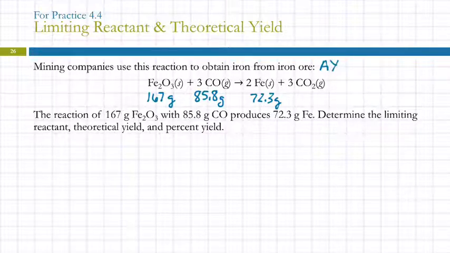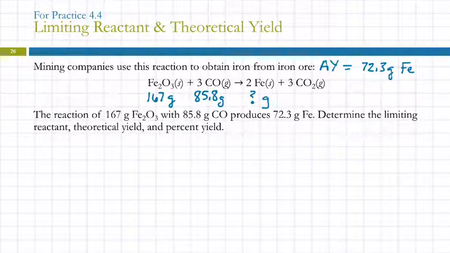Actual yield is 72.3 grams of iron. And then I'm going to take that away because what am I trying to find for the theoretical yield? Grams of iron, right? So this is my question mark. I'm trying to calculate that to get the theoretical yield. You with me?